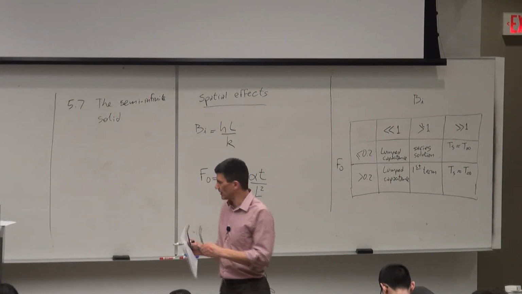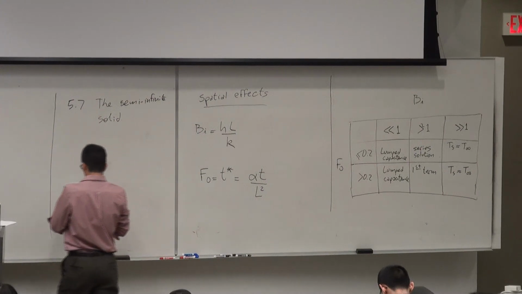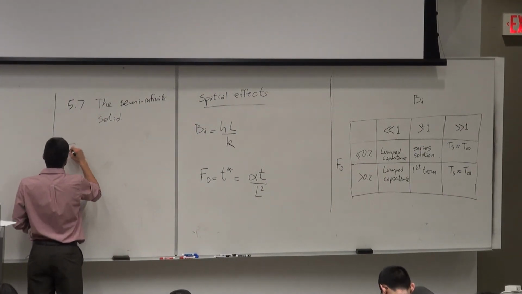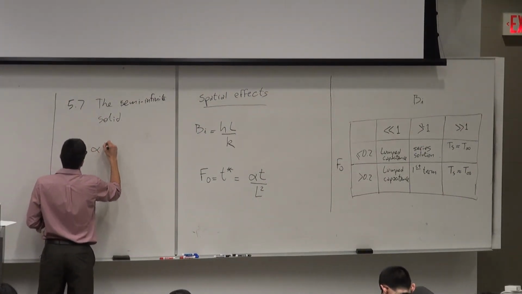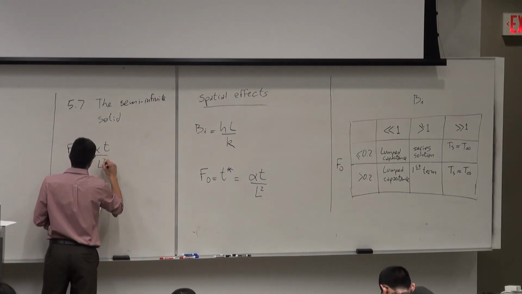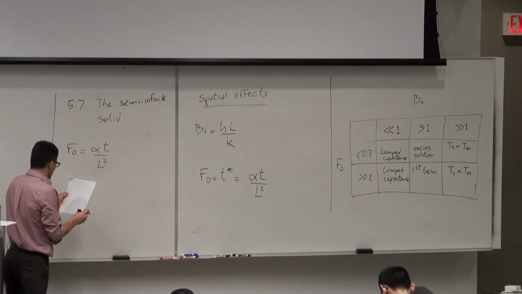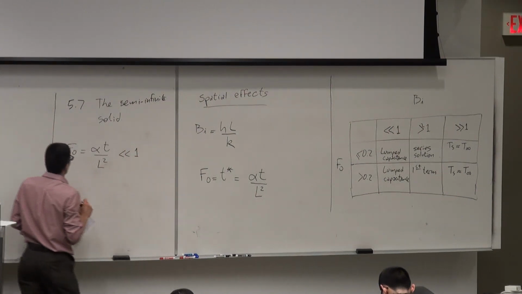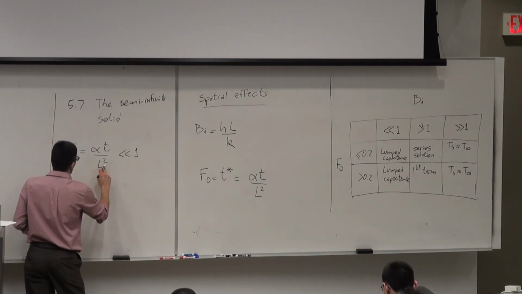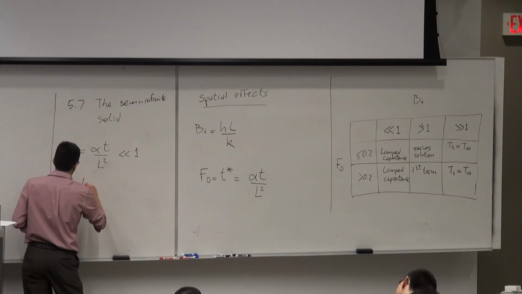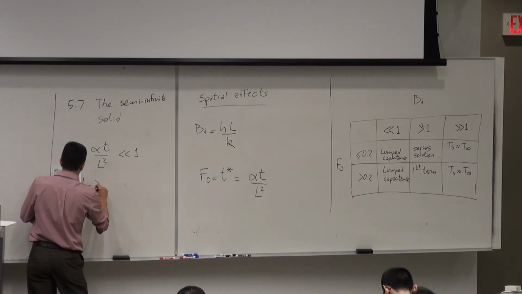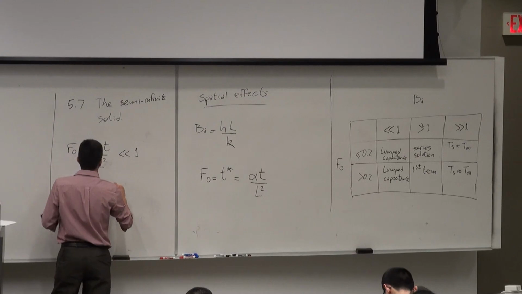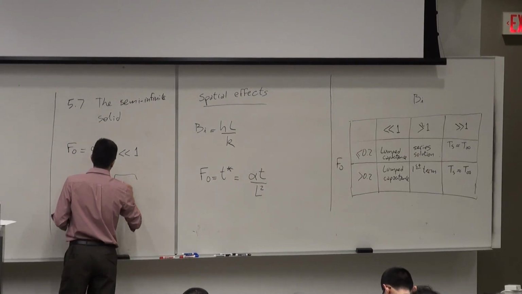And let me show you something interesting. Fourier number is alpha t over L squared, right? And if we say this is much smaller than 1, I'm going to solve for L. That means when L is much bigger than square root of alpha t.